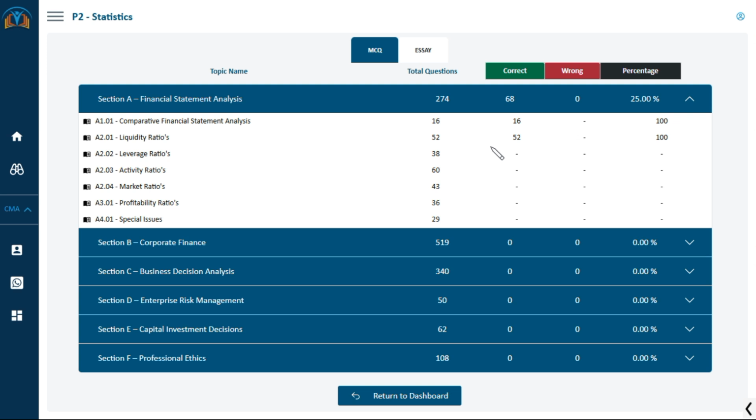We have completed the financial statement analysis 16 MCQs, and we are standing at 100%. We have completed the liquidity ratios. We have completed all 52 MCQs, and we are standing at 100%.